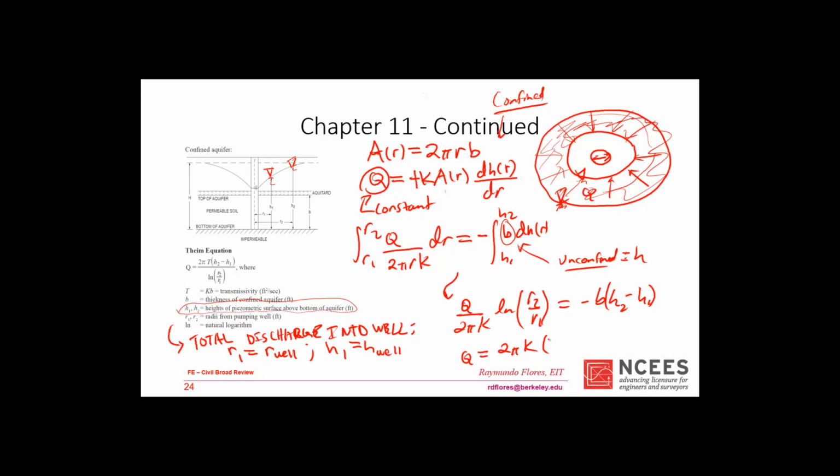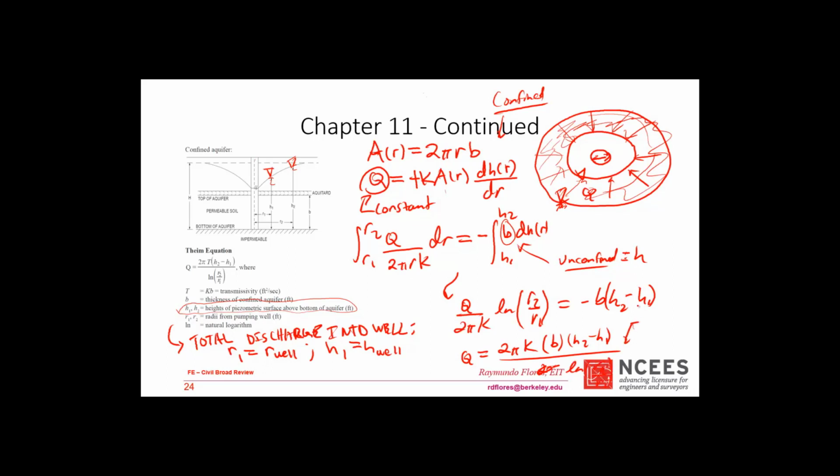So I messed up earlier, sorry about that. This is that, and then times B times H2 minus H1 divided by 2 pi ln of R2 over R1.